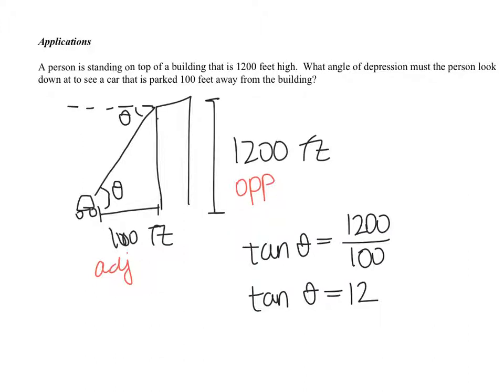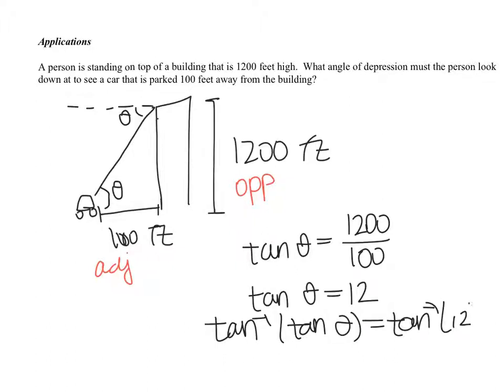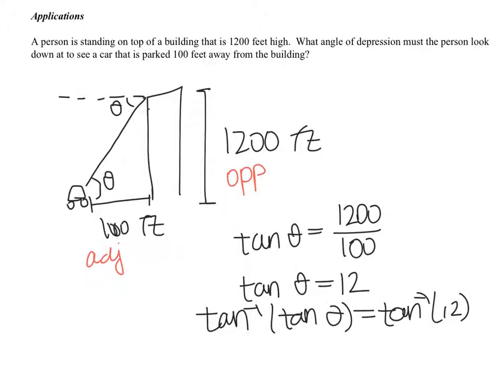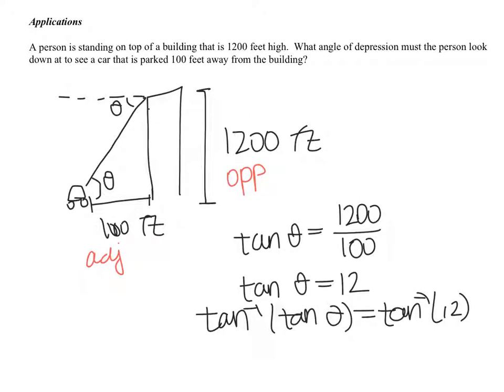To solve for theta, we take the tangent inverse of both sides. So that gives me that theta equals 85.24 degrees.